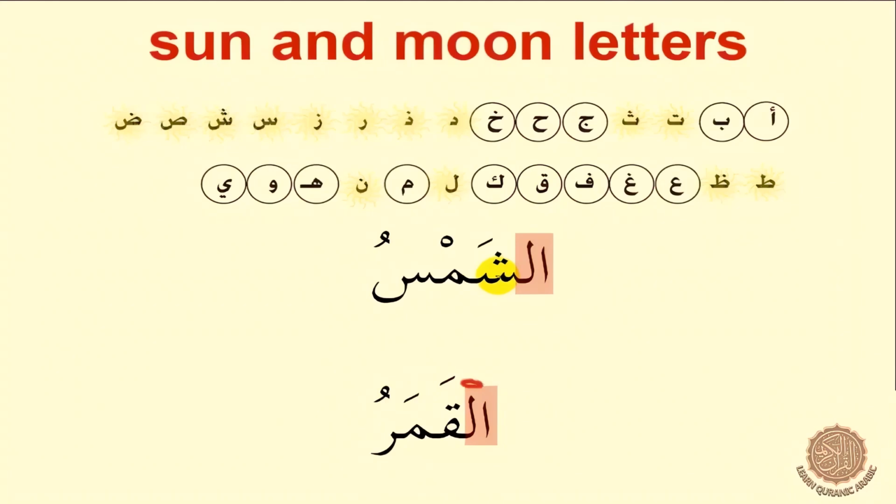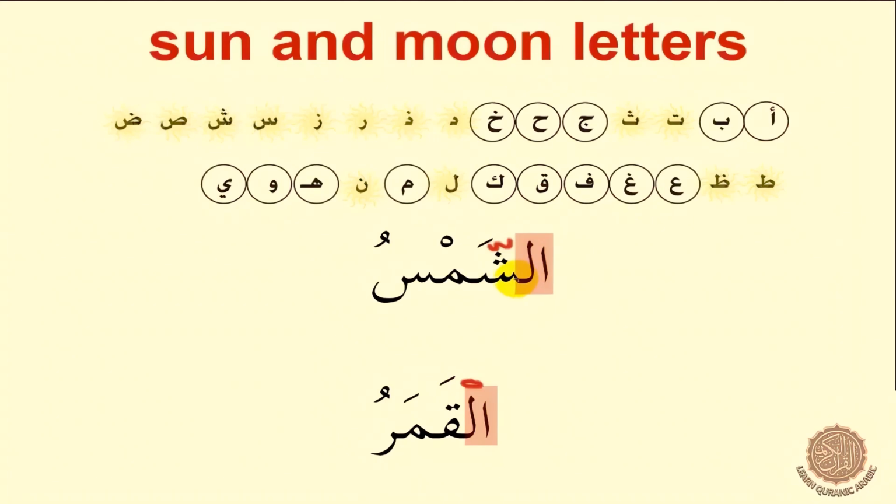The actual points of articulation of the lam and the sheen are very close to each other. And because they're very close, what happens is this lam is not pronounced. And what happens instead is the lam is pronounced as a sheen. So there's actually a shaddah here. So it's ash-shams, not al-shams.